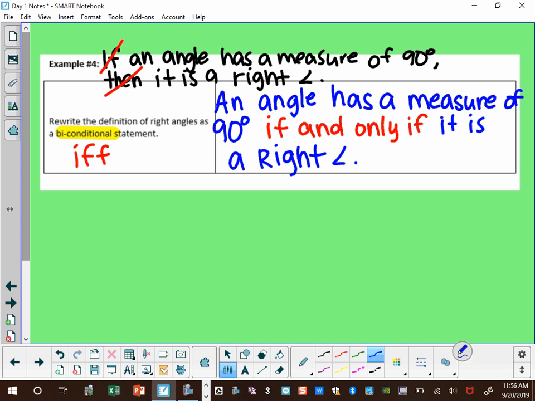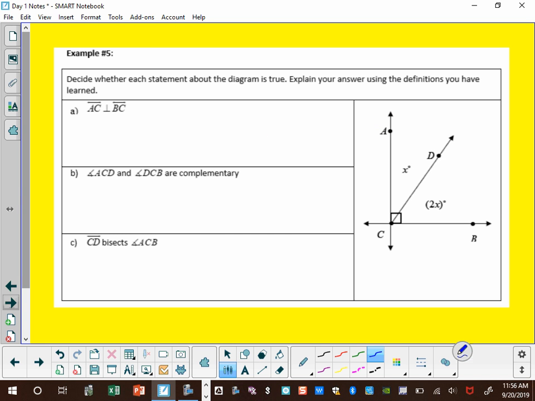Any questions on number 4? All right, let's look at number 5. For this one, it says decide whether each statement about the diagram is true. Explain your answers using definitions you have learned. Letter A says that line AC, and they give us this symbol.